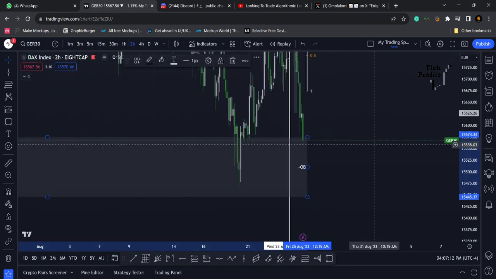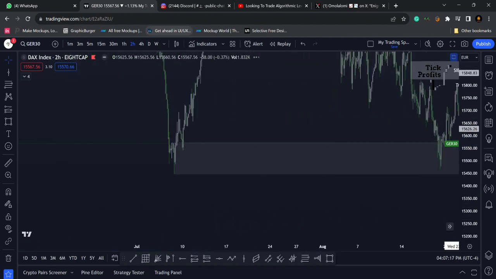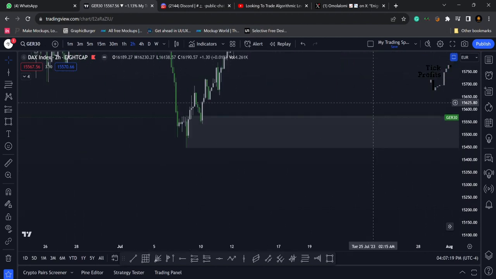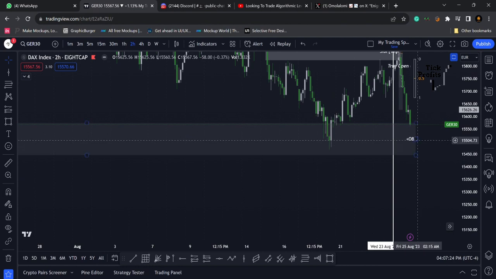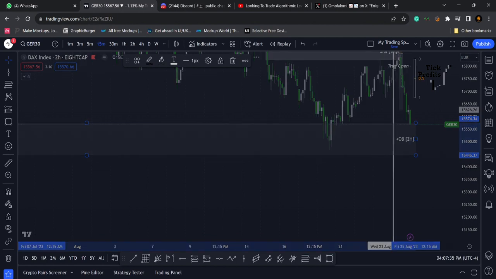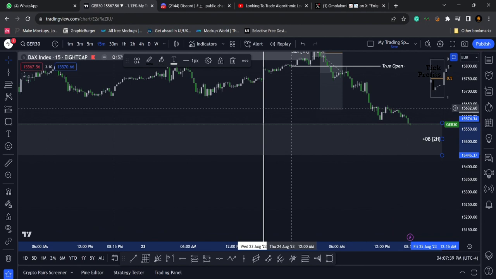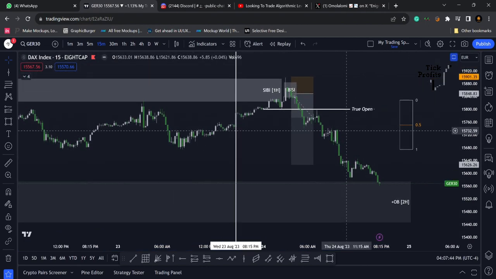Let me just check. Okay, this is a 2 hour order block. So you can see that price just continues to sell off until it gets to this 2 hour order block. So, and that's easily how I take my trades.